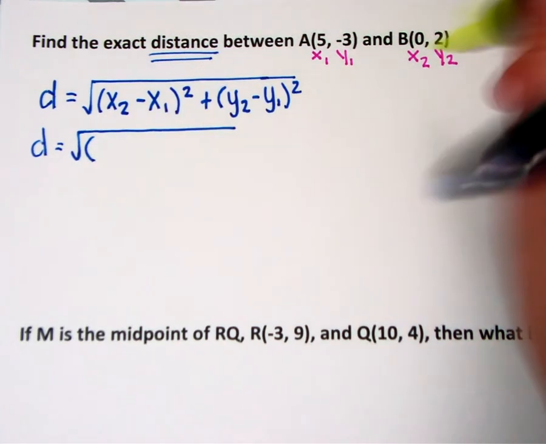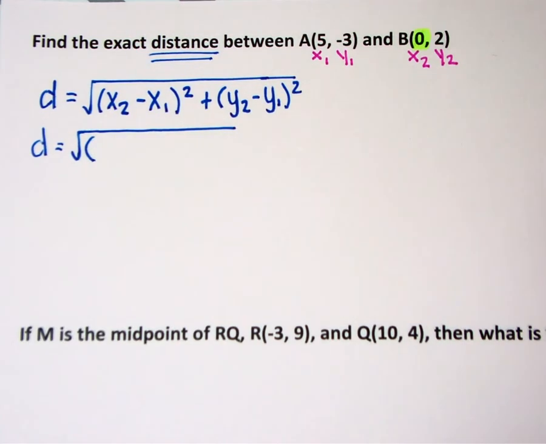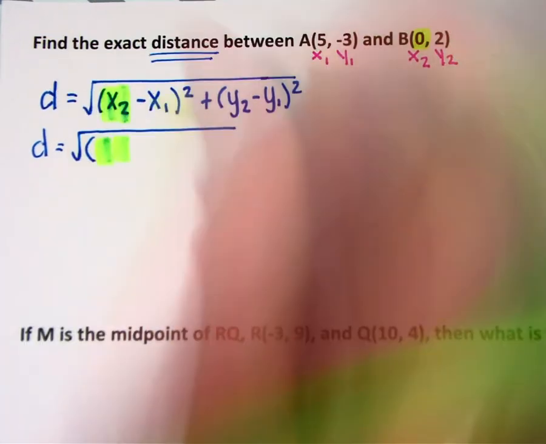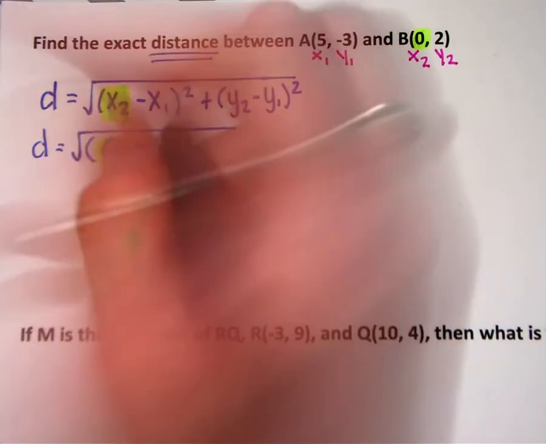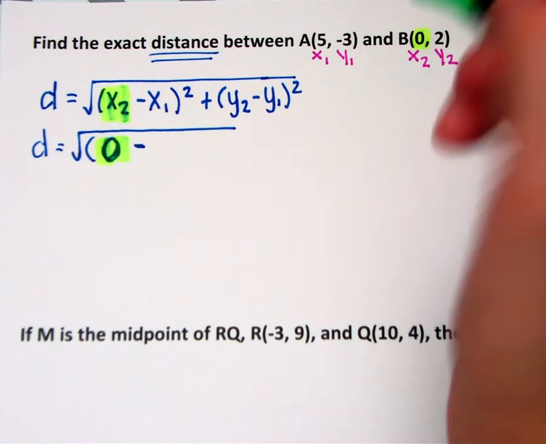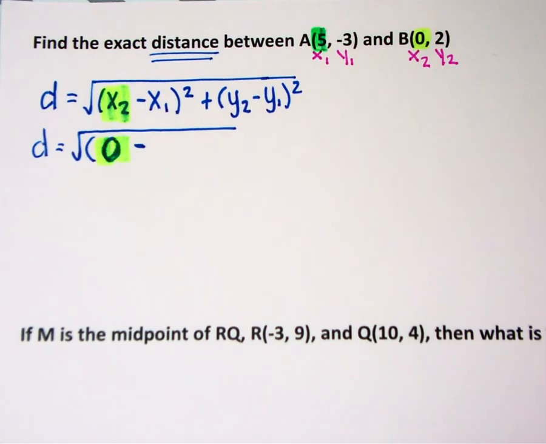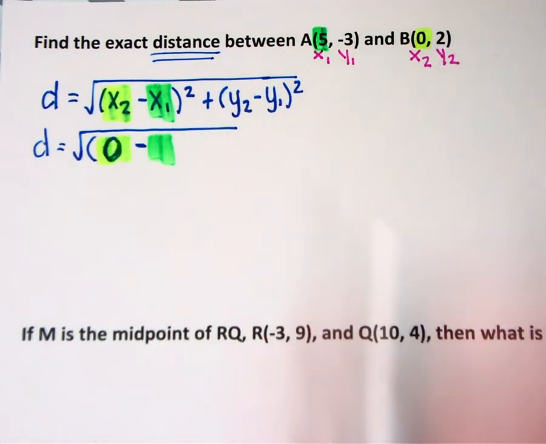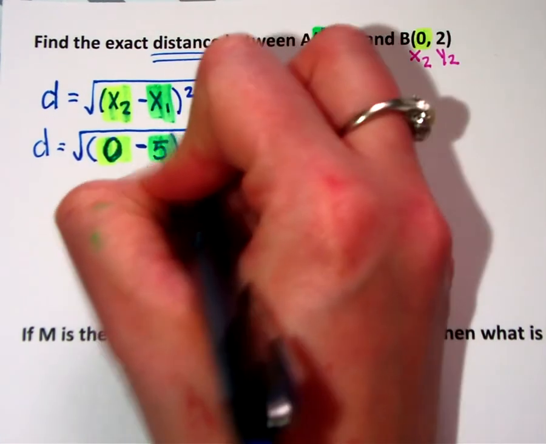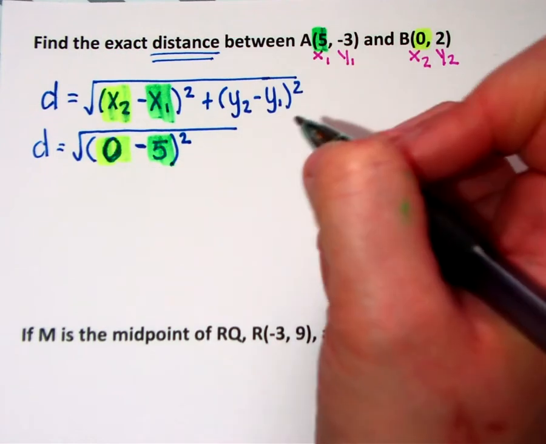X sub 2 is 0, so I'm going to replace x sub 2 in my problem with 0. Minus, and then I'm going to use my x sub 1. The 5 is my x sub 1, so I'm going to replace x sub 1 with 5. Put parentheses and square.